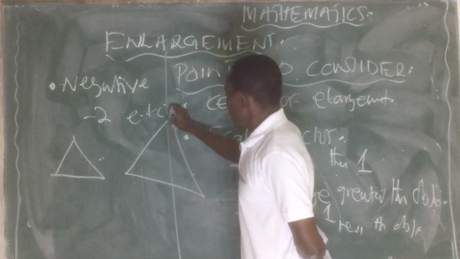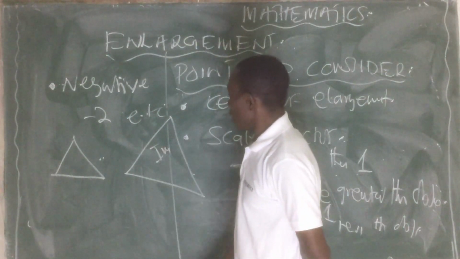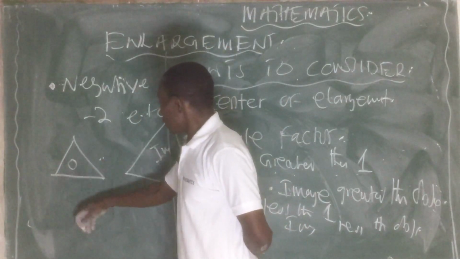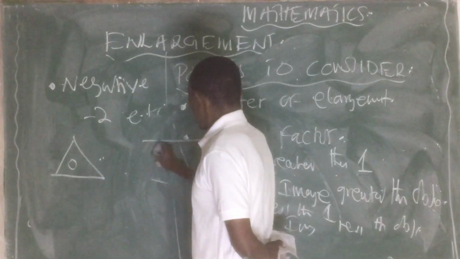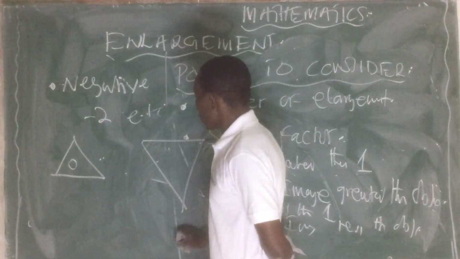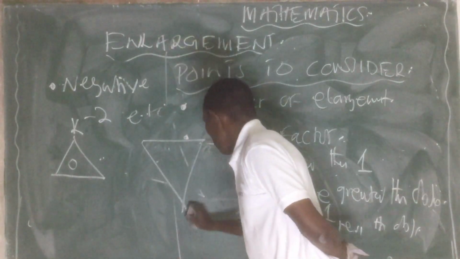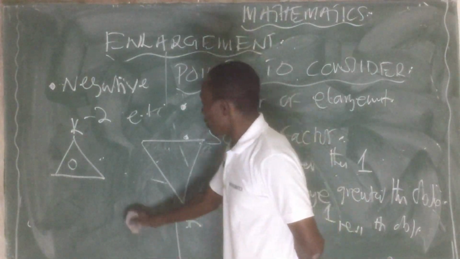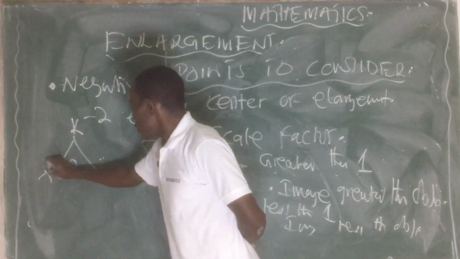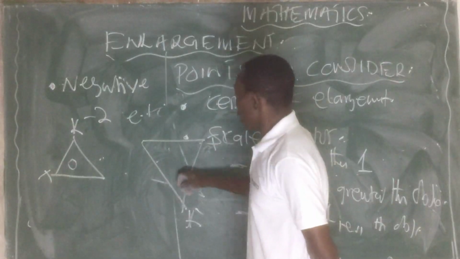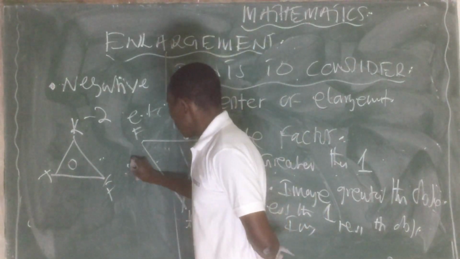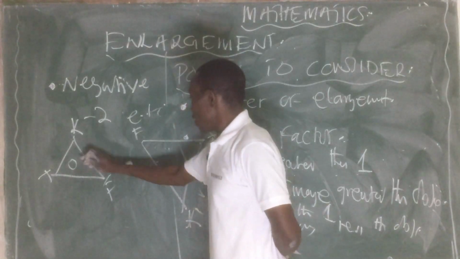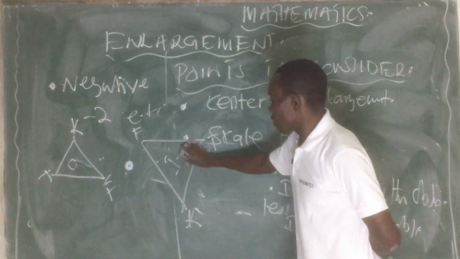If this is your image and this is your object, the image is upside down like this. This is your K, it will come like this, that's K prime. If this is your T, it will come here, T prime. And this is your F, it will come like that. As such, the center will be in between the object and the image.